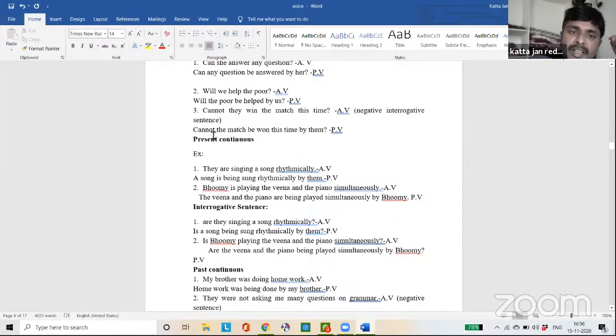Can't, object the match, the extra be forms after the subject, and win becomes V3, that is won. This time is used after V3. Next, by, they becomes them. So this time is also used after by them.